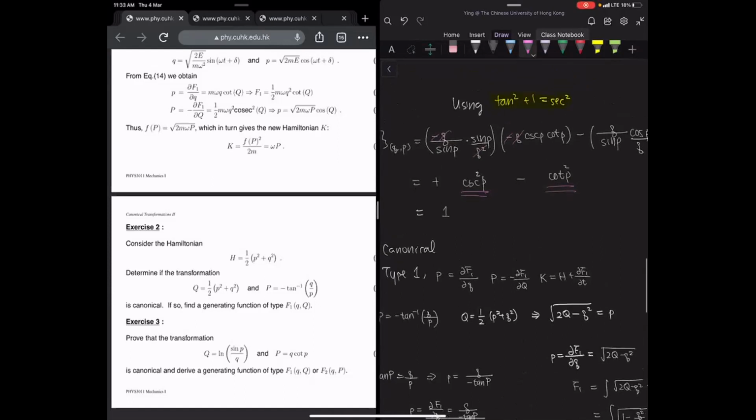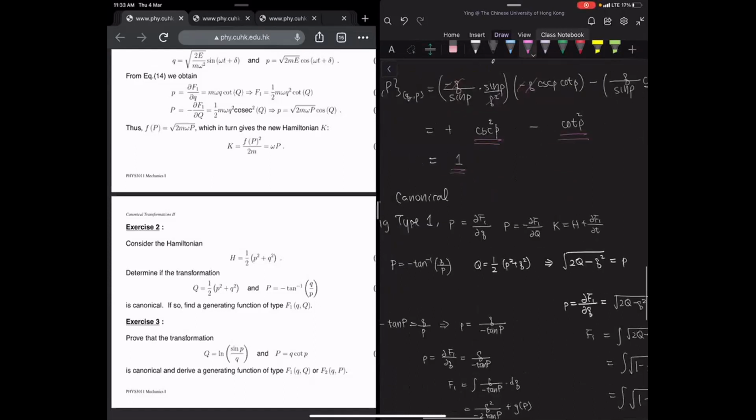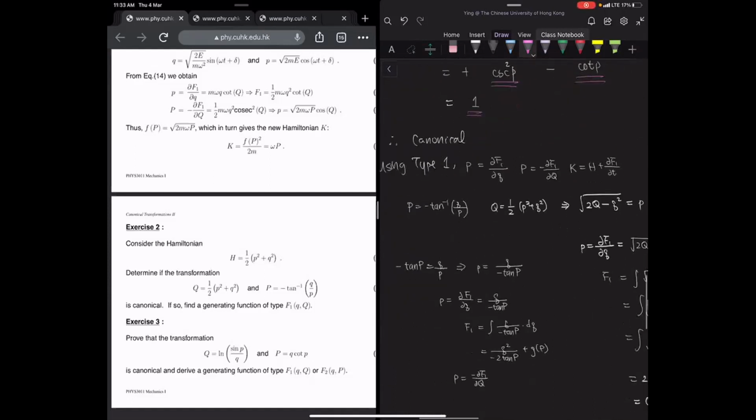If you take a look, cotangent squared plus 1 equals cosecant squared, so if we put the cotangent here, you obtain 1. So it's rather simple to get the canonical proof.